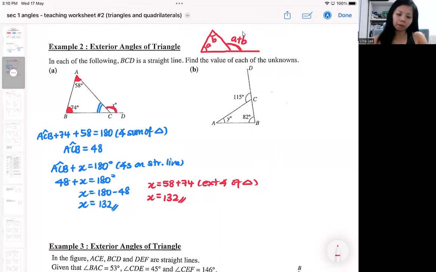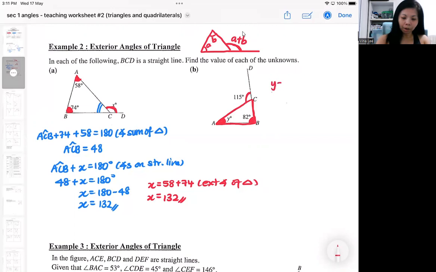Okay, the same thing happened here. This is the angle that is outside a triangle. It's outside this triangle. So if I apply the exterior angle, that means y and 82 will be adding up to 115.